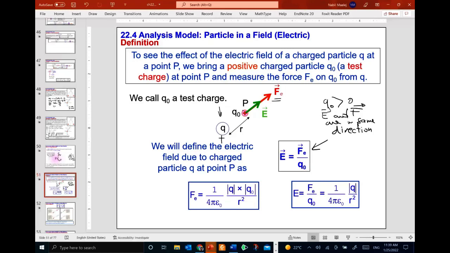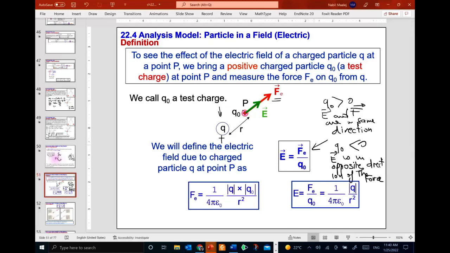But if the test charge is negative, if Q0 is negative, that means the electric field is pointing in the opposite direction of the force. So in this case, the electric field is in the opposite direction of the force.